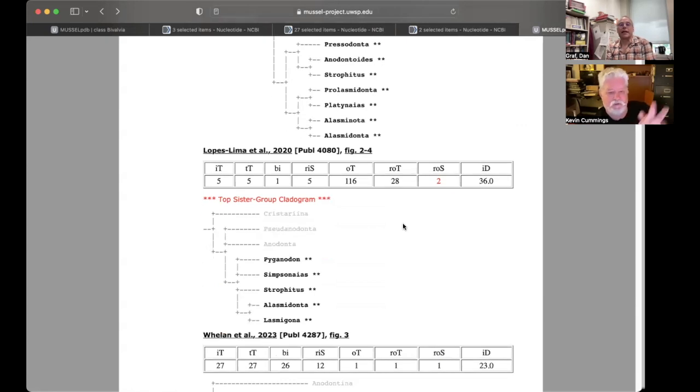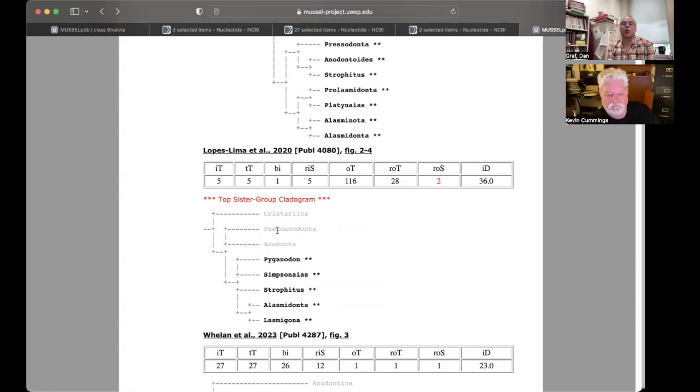This one by Lopez Lima is the top sister group cladogram. Finding it will tell you what the sister group for the Elasmodontina is, because it has the most rigorous out-group sampling.